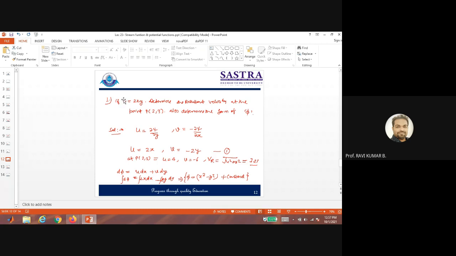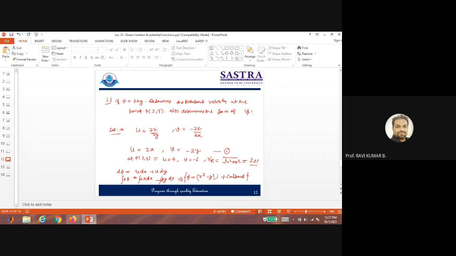So if I am putting here phi, then u will become basically dou phi by dou x instead of dou psi by dou y, whatever is given here, your differentiation with respect to x, and v will become dou phi by dou y. And finally, when you come to this point, this will become minus v dx and plus u dy, and the procedure will be the same.